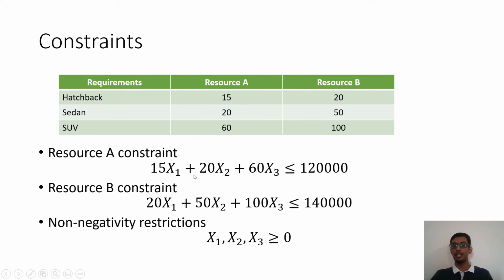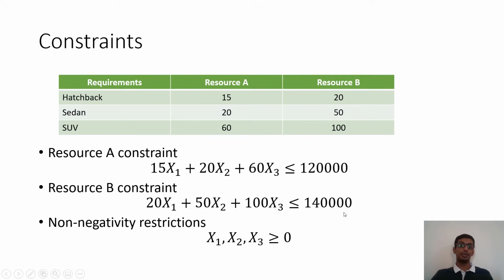Therefore, you have the following constraint: 15x1 plus 20x2 plus 60x3 less than or equal to the resource A you have at hand, that is 1,20,000. Similarly, the resource B constraint will be 20x1 plus 50x2 plus 100x3 less than or equal to 1,40,000.